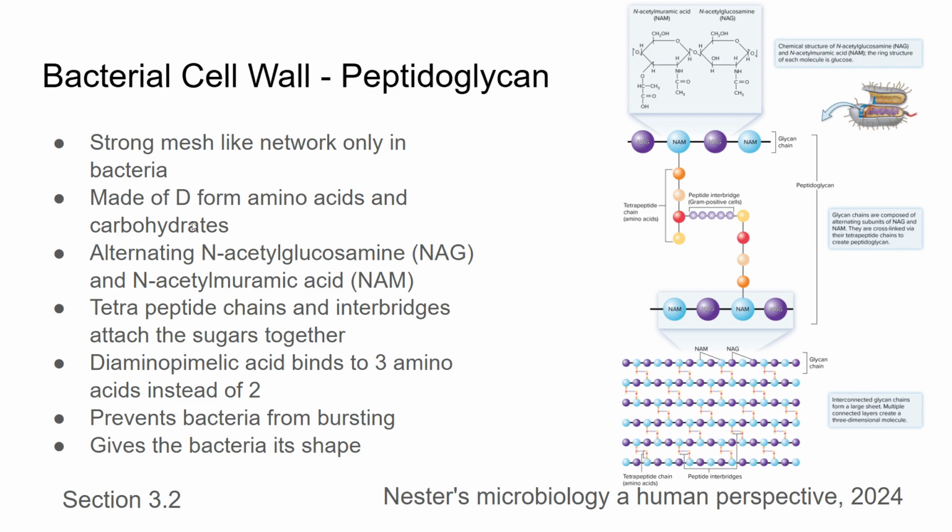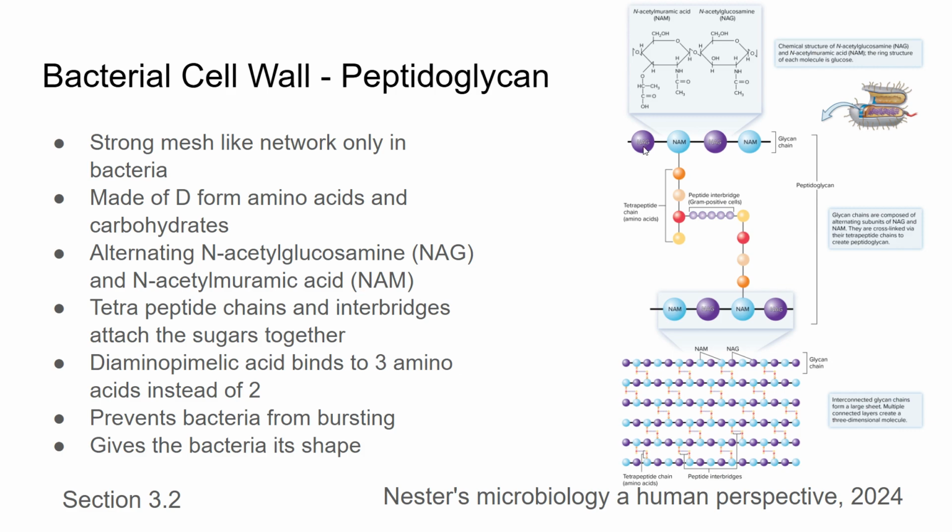You also have carbohydrates in there. So the carbohydrates that make up peptidoglycan are going to be alternating N-acetylglucosamine and N-acetylmuramic acid. Or, because that's a mouthful, NAG and NAM, N-A-G, N-A-M. And we can see that here.